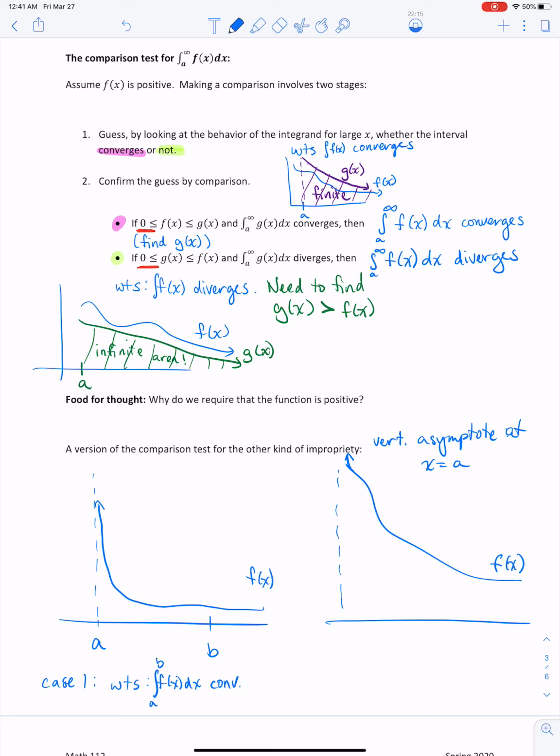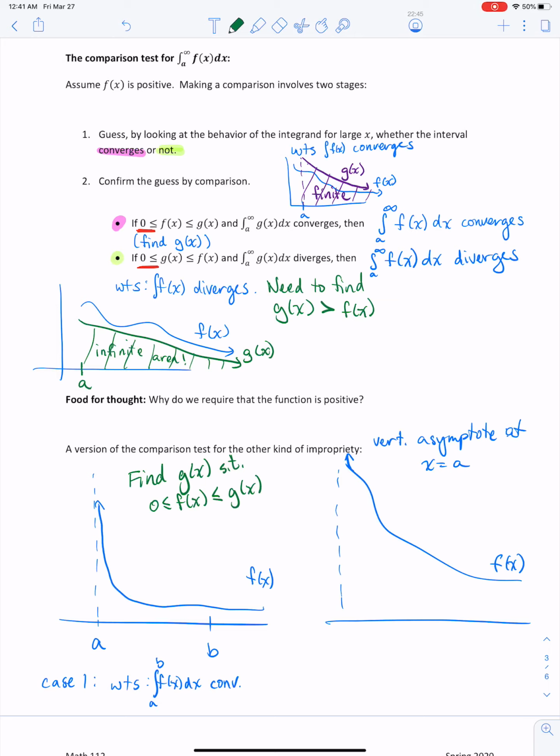So what do we need to show? We need to find, in that case, a g of x so that zero is less than or equal to f of x less than or equal to g of x.